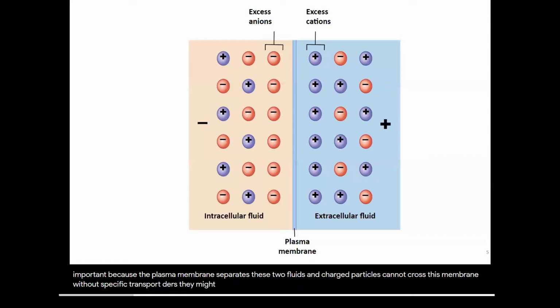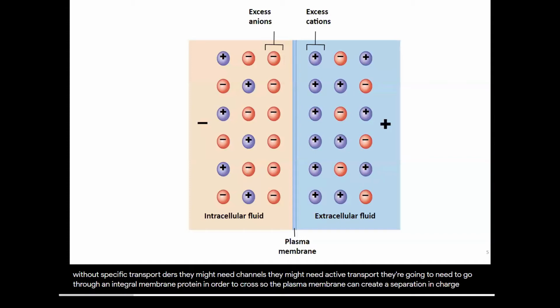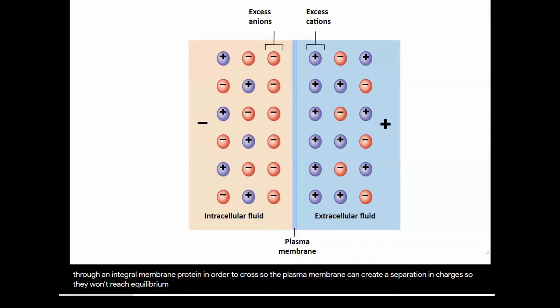They might need channels, they might need active transport. They're going to need to go through an integral membrane protein in order to cross. So the plasma membrane can create a separation in charges. So they won't reach equilibrium if they can't go across.